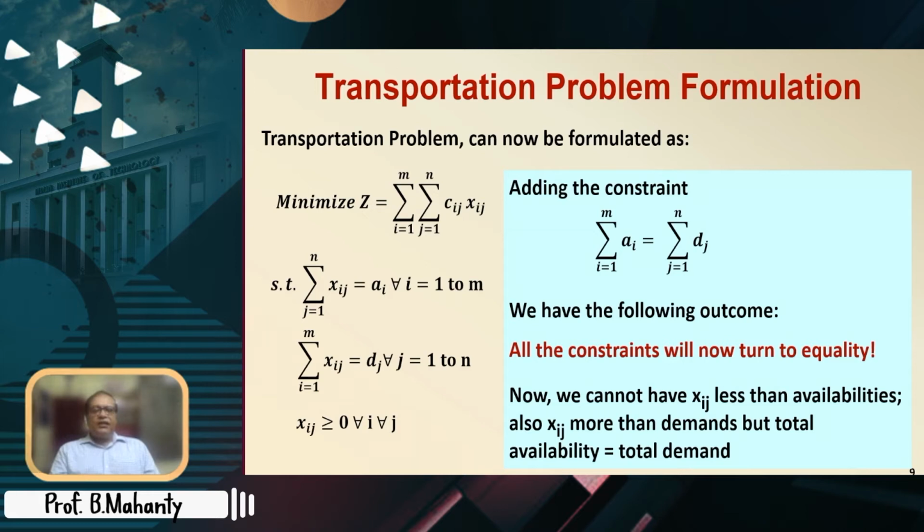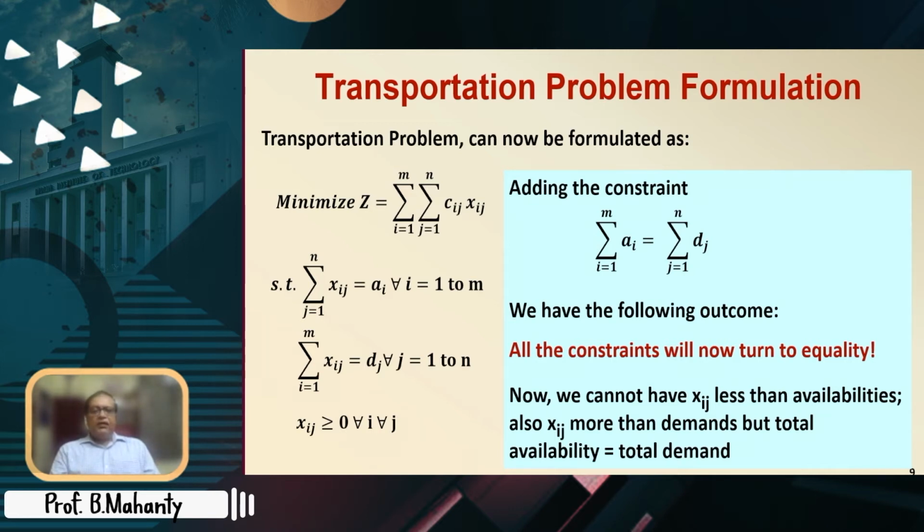But unfortunately, even 7 you cannot solve. You will be solving 1 less. Can you see why the degree of freedom goes down by 1? Because you also have another constraint, that is sigma Ai equal to sigma Dj. So basically, since sigma Ai equals sigma Dj, although you are having 7 equations, their rank is not 7, their rank is only 6, because one equation will be redundant because of sigma Ai equal to sigma Dj.